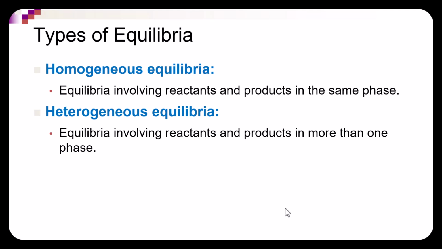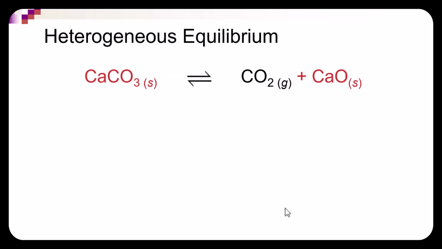There is another type, heterogeneous equilibria, where reactants and products may be in more than one phase. In this type of equilibria, it's important that we take note of what the phases are, because that's going to affect the equilibrium constant K. So let's look at the following reaction here.